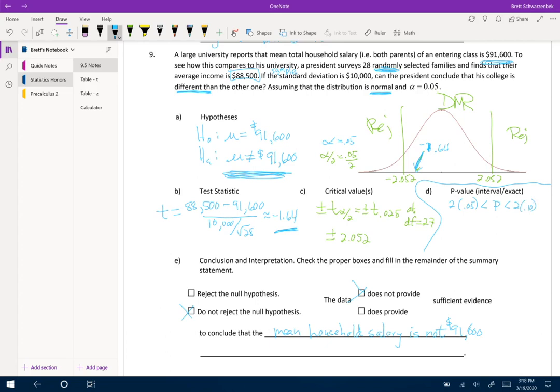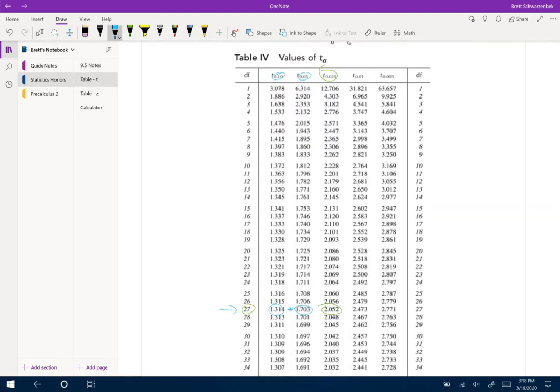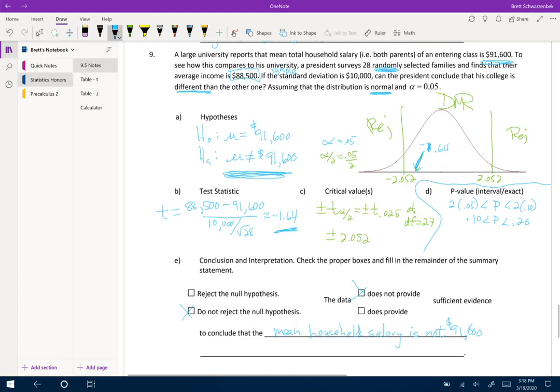So we end up with 0.10 is less than p is less than 0.20. Just to be clear, if we look at the t-table, you can see right here our values are 0.05 and 0.10, but we need 2 times those values over here. So this is where our interval is. Now note, both those values are bigger than alpha 0.05. Therefore, this verifies that we do not reject the null.